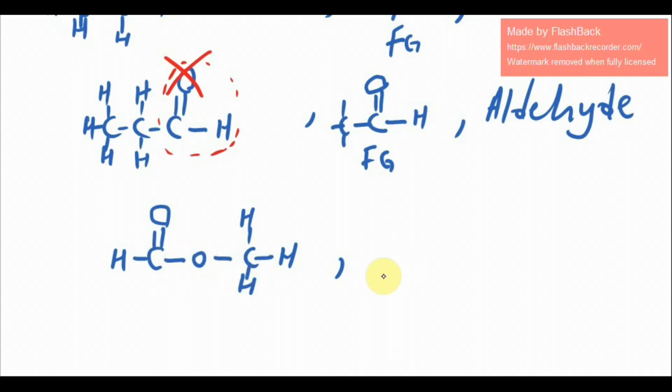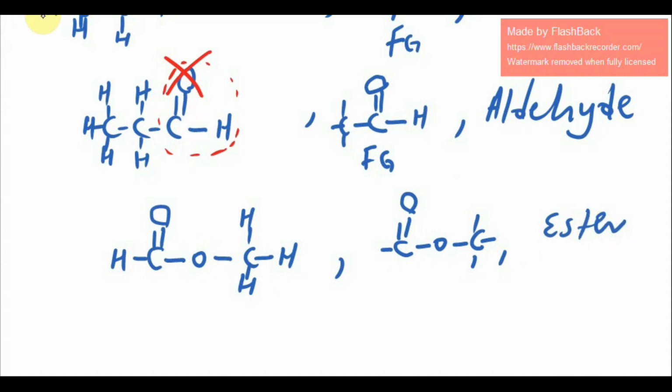So the functional group is C, O, C. This is the functional group of what? Of ester. This is the homologous series. Is this a hydrocarbon? No, this is not a hydrocarbon because there are oxygen atoms, right?